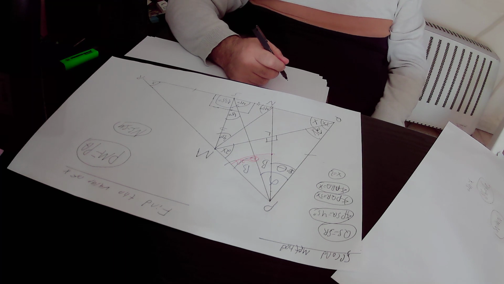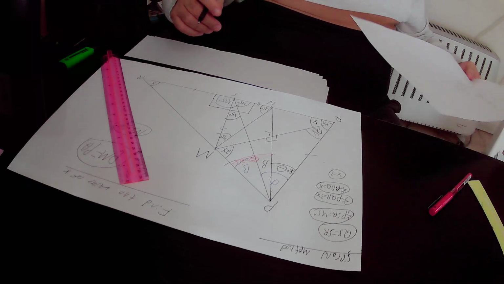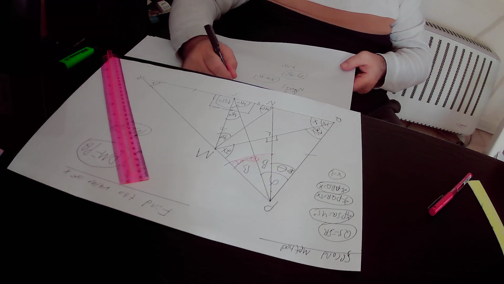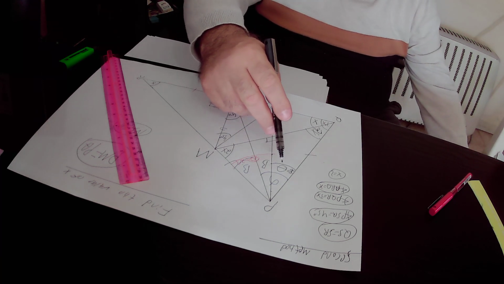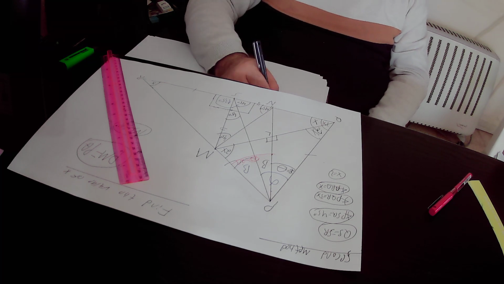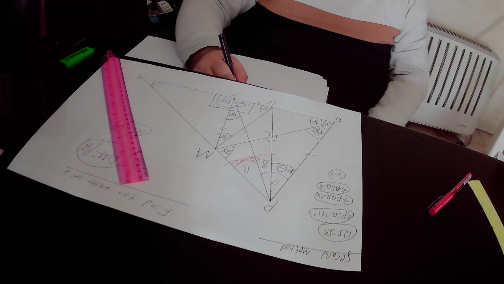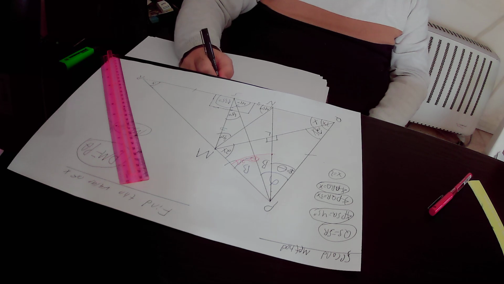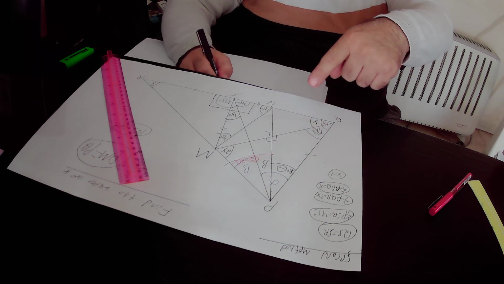And in the next step, we will prove that triangle PQN is congruent to triangle PNM.